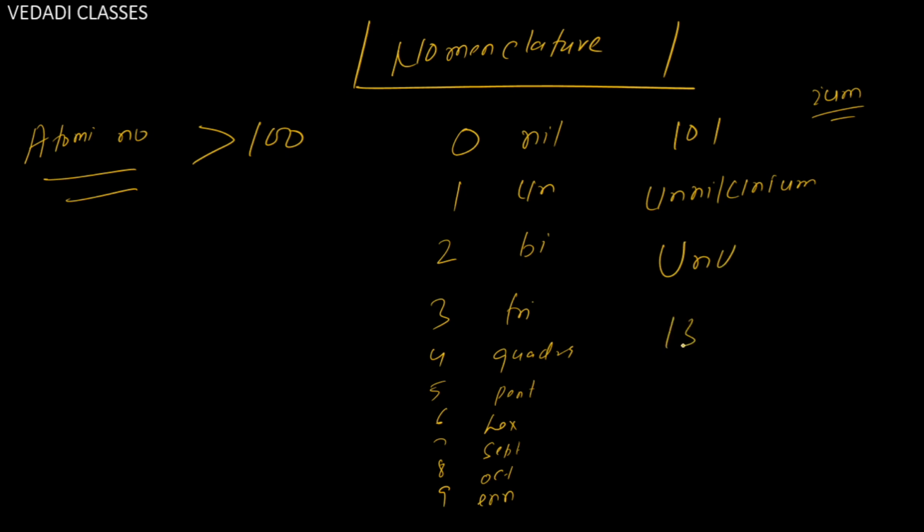Like you have to write 139: 1 is un, 3 is tri, 9 is en, and you just use ium, and this symbol will be U t e. So this is the way to write the IUPAC names of the elements which have an atomic number of more than 100.